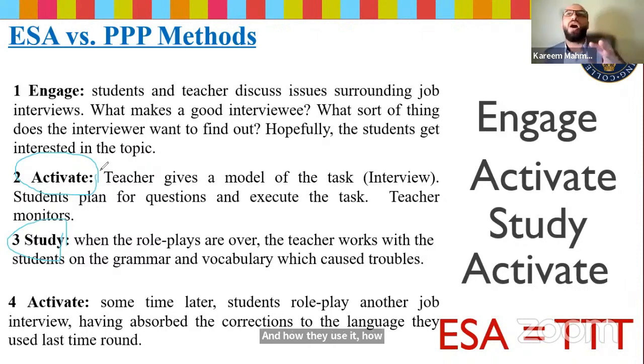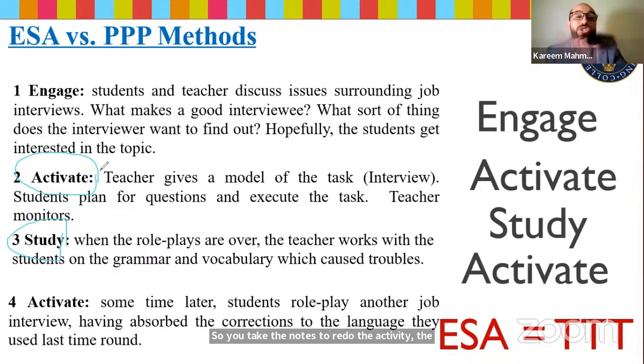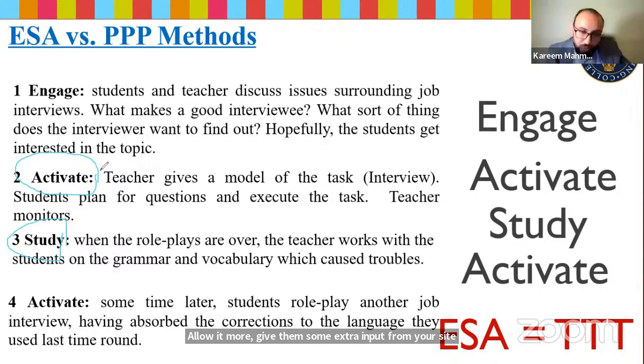Is there a problem of vocabulary, for example? Did they use proper structure? Were the statements they used in the proper order? So you take the notes. They do the activity, they practice fluency. Please don't interrupt. Just listen and take notes. And then after that, you take these notes on the board, work on them, elicit more, give them some extra input from your side, and then ask them again to do the role play.